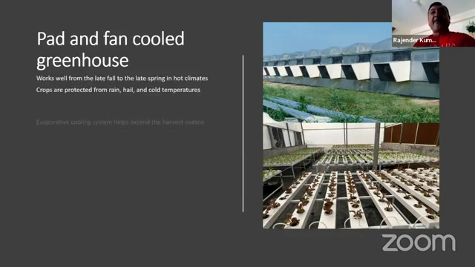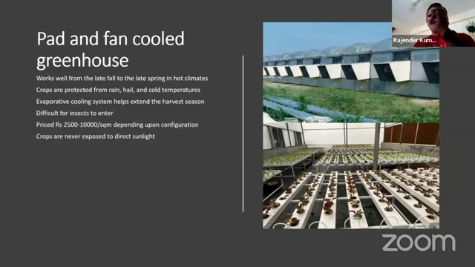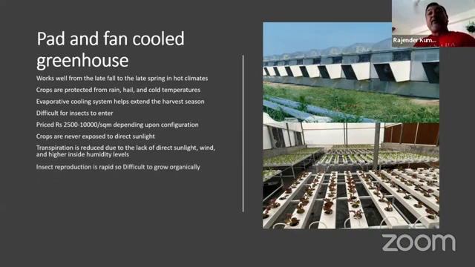So I will skip here. The only issue with this fan-pad structure is that it should not be installed in a very humid region, just like the Konkan region, or even in eastern India, because if you have high humidity outside, it's difficult to get rid of excess humidity from inside to outside through these fans, and that may cause a problem to your crops.